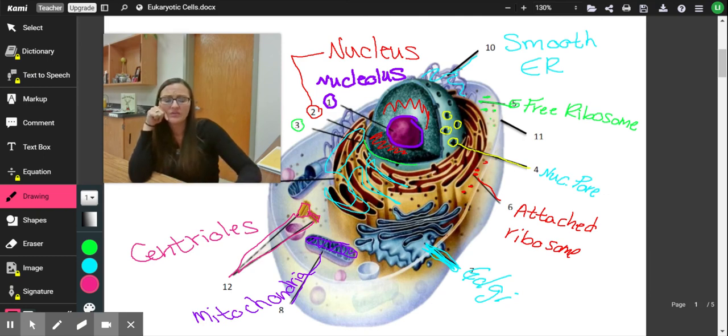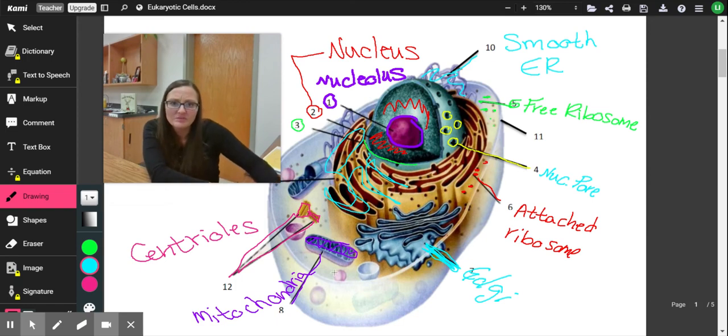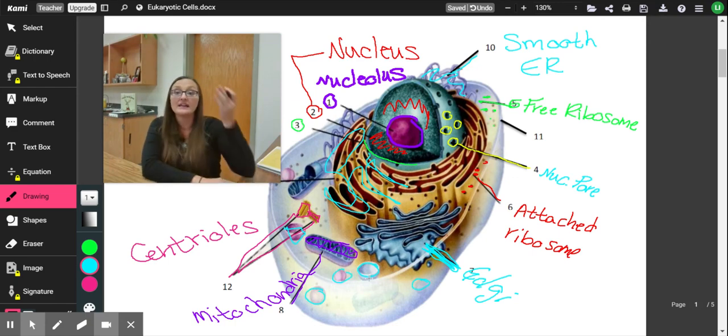I would like to make a note that animals do have vacuoles, but they're different. And we also have something called lysosomes, which it didn't ask us to label. So I'm just going to color in some things. So we have these little pink things right there, and then these little blue masses. And some of those are going to be lysosomes.